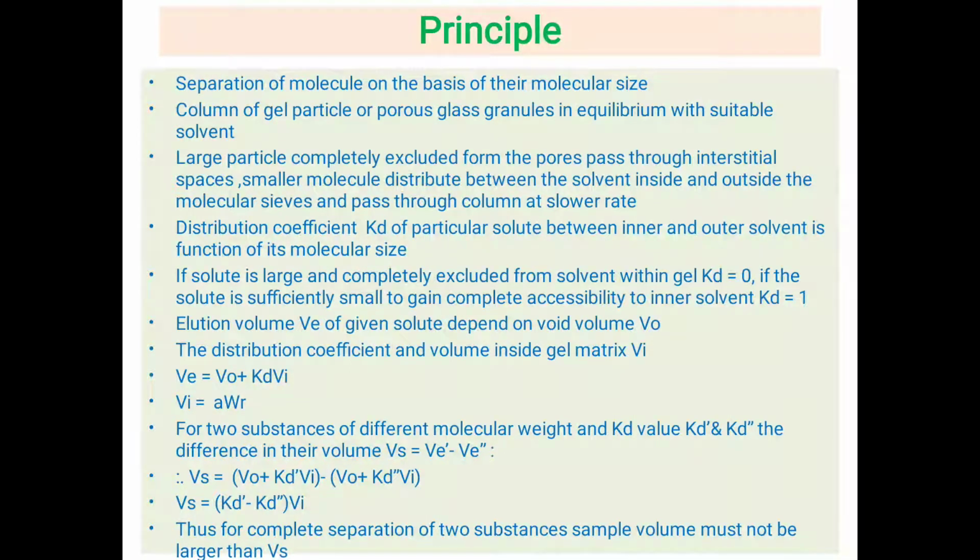If the solute is large and completely excluded from the solvent within the gel, then Kd is equal to 0, and if the solute is sufficiently small to gain complete accessibility to the inner solvent, then Kd is equal to 1. So the value of Kd ranges between 0 and 1.